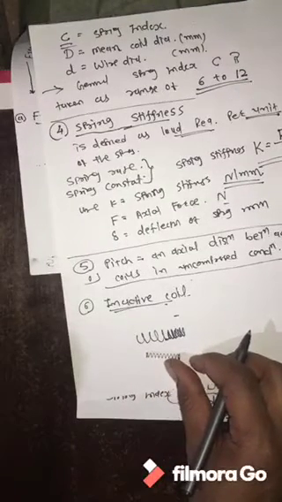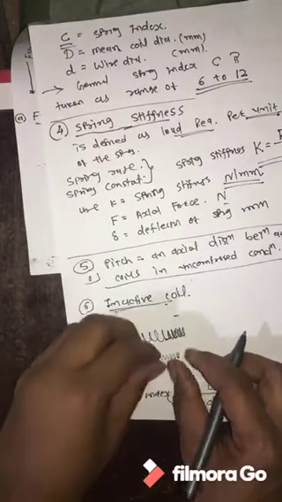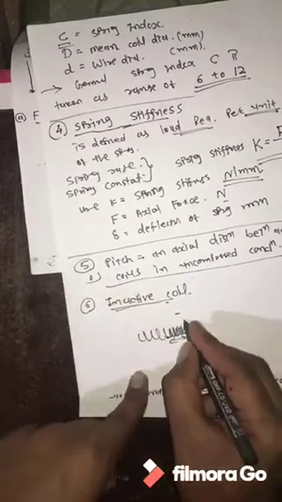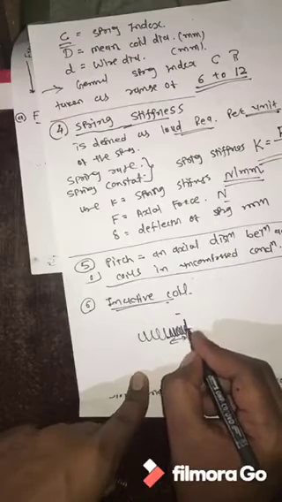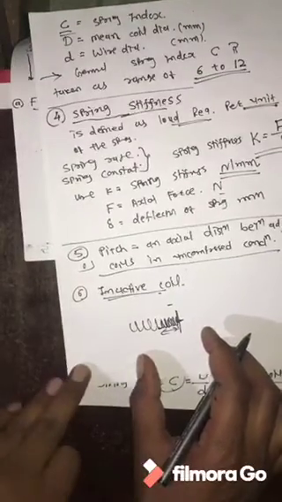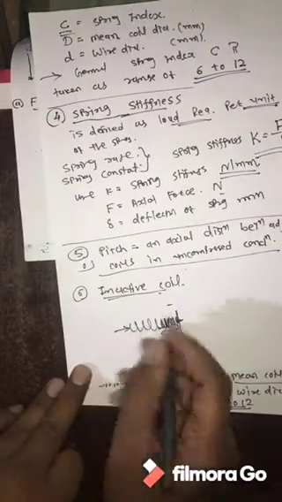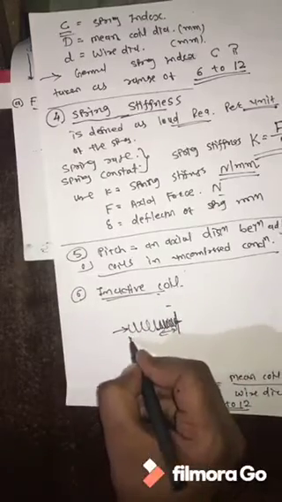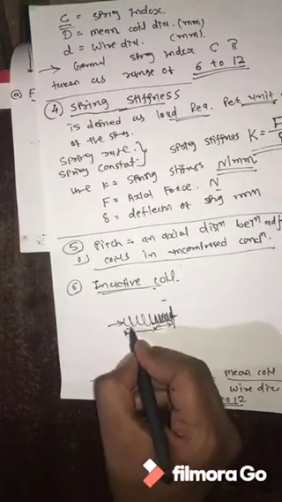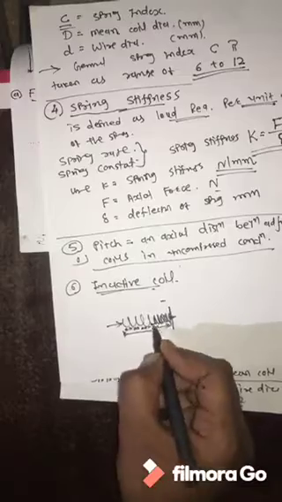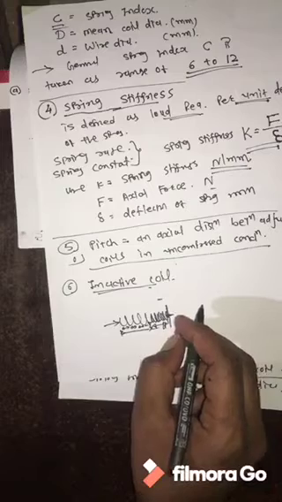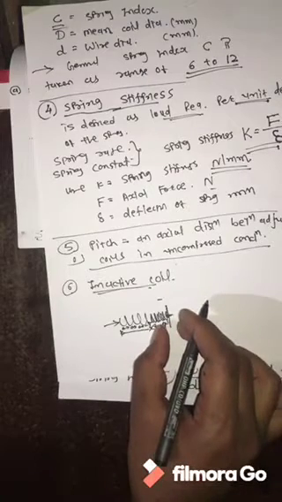When the end coils, which are in contact with the seat, meaning this point is touching the seat, do not contribute to the spring action. When we apply the force, this portion is compressed, meaning the gap between two consecutive coils decreases, but these coils are already touching each other, so they do not contribute to the spring action.